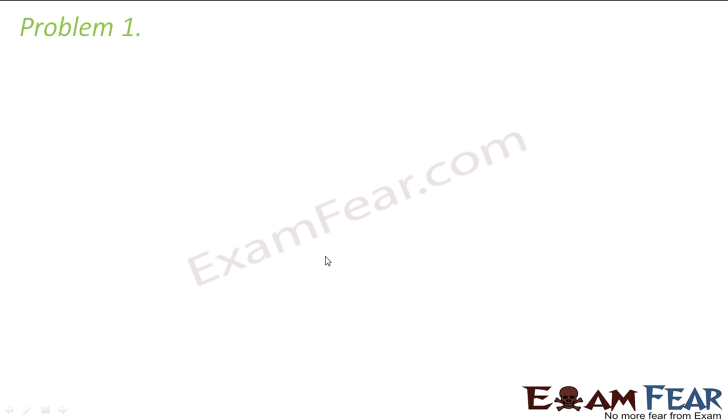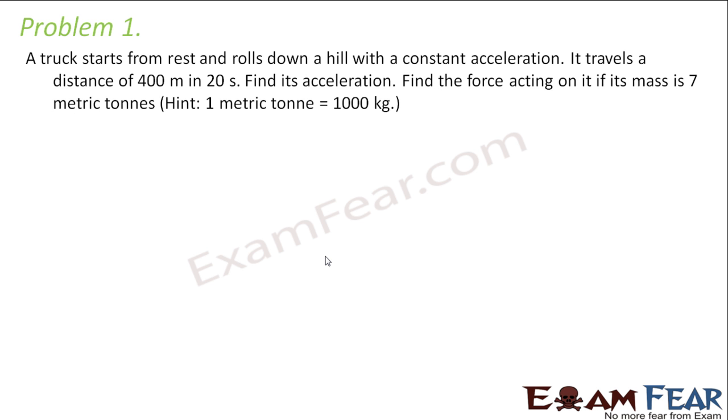Let us try to solve some problems. Here comes problem number 1. It says a truck starts from rest and rolls down a hill with a constant acceleration. It travels a distance of 400 meters in 20 seconds.